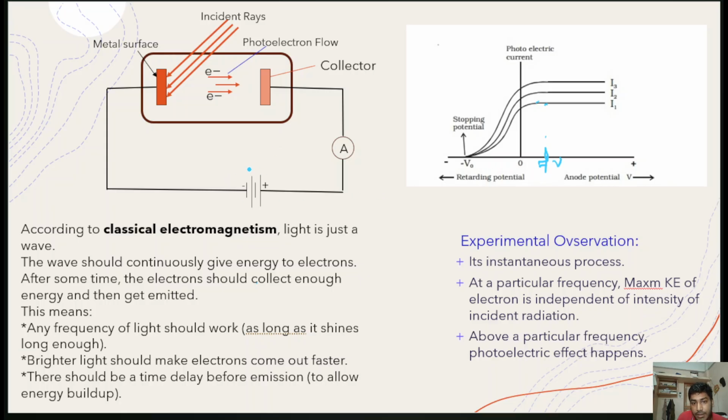When we apply 7 volt positive voltage, more positive charges are accumulated in the collector, but there are no more electrons to be collected because the electrons have gone through the circuit. There are no more photoelectrons produced by the incident rays, so there is no increase in current.